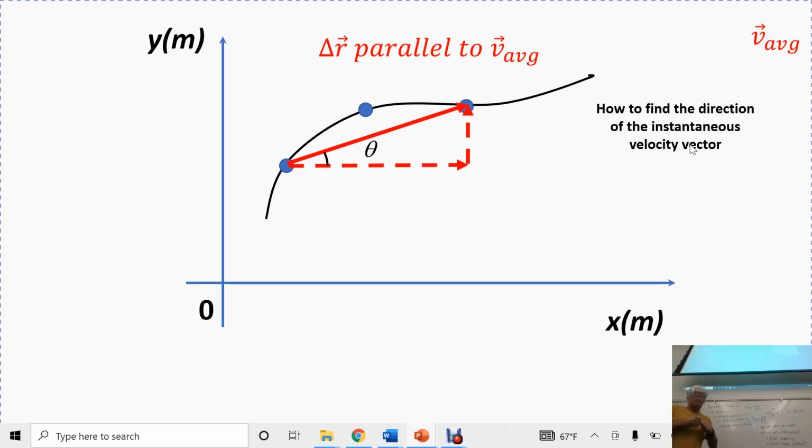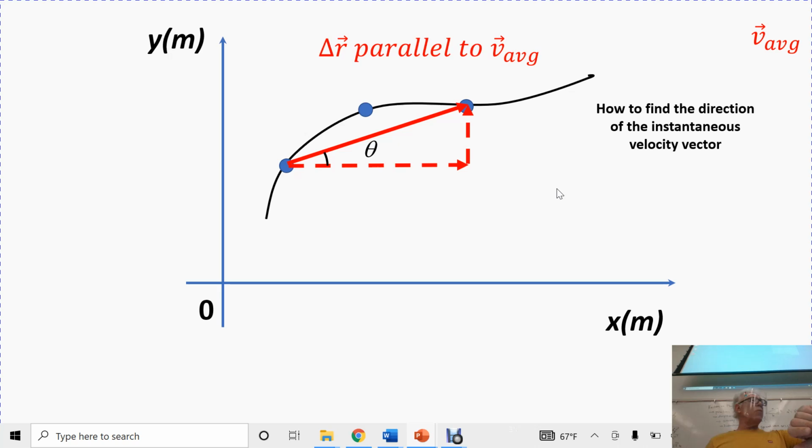And the question is, how can we illustrate the instantaneous velocity vector in this xy plane? Well, exactly how we do in the one-dimensional case. We make delta t go to 0.